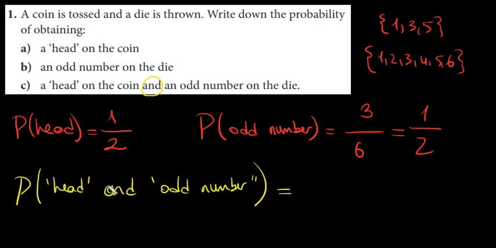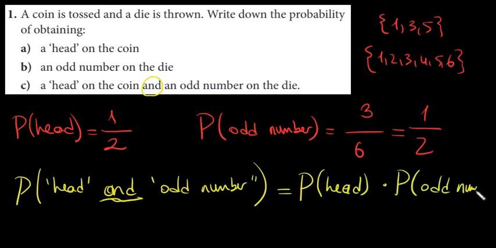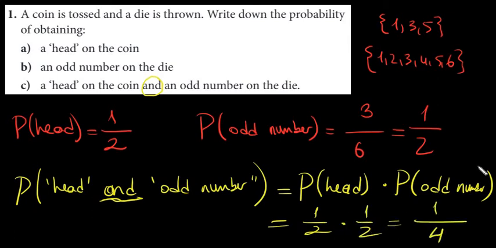That means I can use the multiplication rule because I have and here. So the probability of obtaining head times the probability of obtaining an odd number is going to be equal to, this is 1 over 2, this is also 1 over 2, 1 times 1 is 1, 2 times 2 is 4, is the answer.